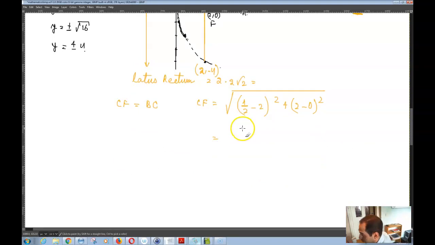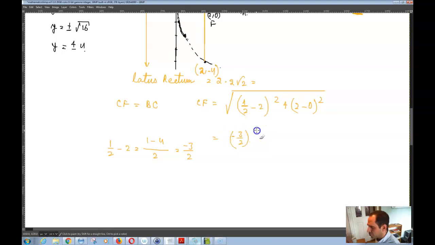Basically 1/2 minus 2 is equal to 1 minus 4 over 2, that's negative 3/2.